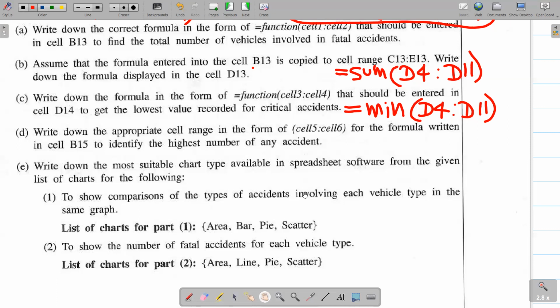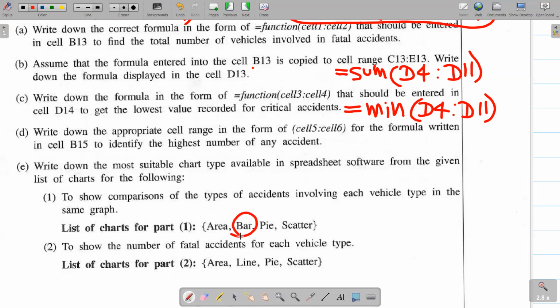So we are going to show the comparison of each vehicle type. If you are going to do a comparison of a series of data, much better we go with the bar chart. So for the first one, it's the bar chart.